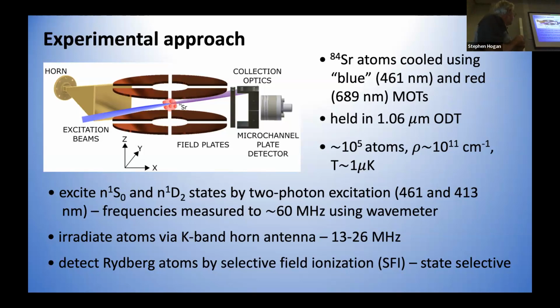We then irradiate the atoms with a K-band horn antenna, and we're limited in our frequency span from about 13 gigahertz, which is the low frequency cutoff of the horn, to about 26 gigahertz, which is the best our frequency synthesizers can do. And then we detect the Rydberg atoms by selective field ionization, which you remember is state selective.